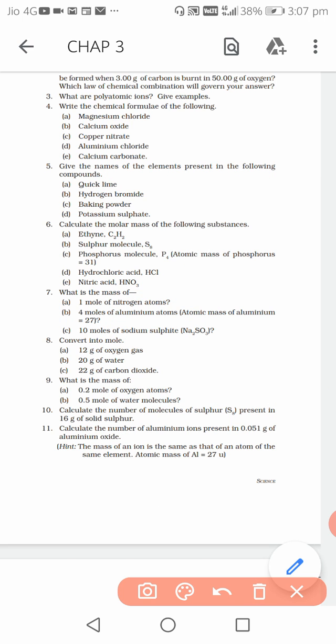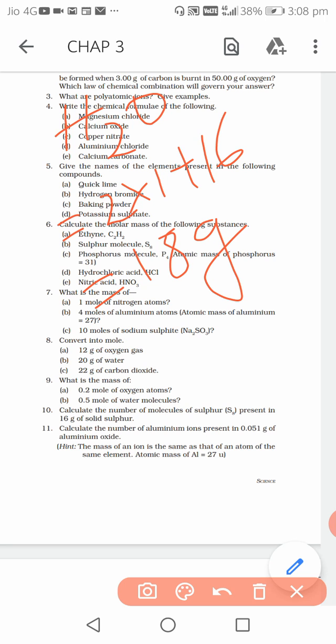Then next one, 20 gram of water is how many moles? Water is H2O. The mass of water is 2 H, so 2 into 1 plus oxygen 16, which gives us 18. So 1 mole of water is 18 gram.